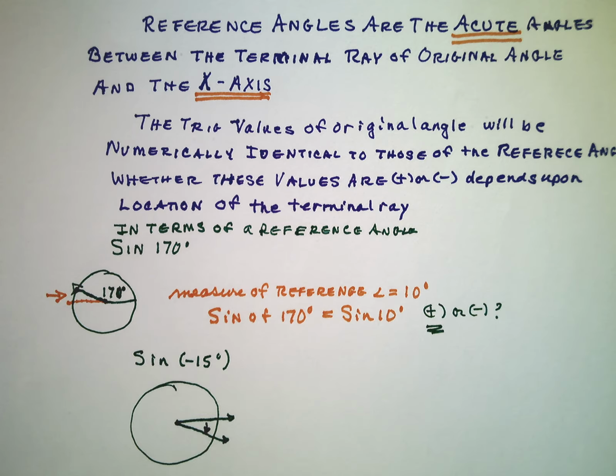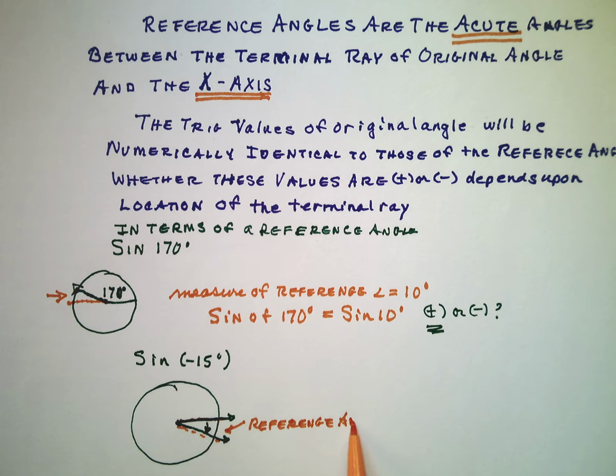Now the reference angle is going to be formed between the positive x-axis and the terminal ray. This is the reference angle. Now they always take reference angles to be positive. So the reference angle is positive 15 degrees.